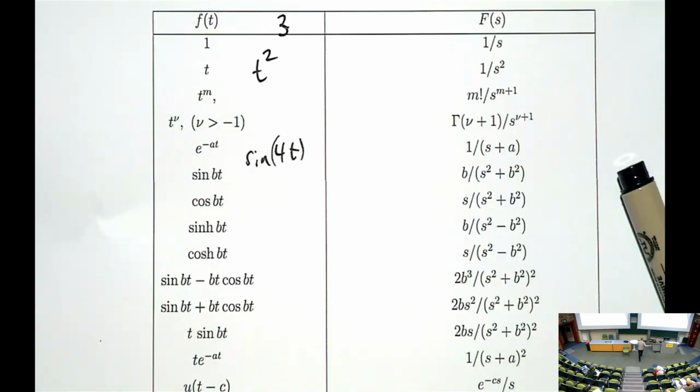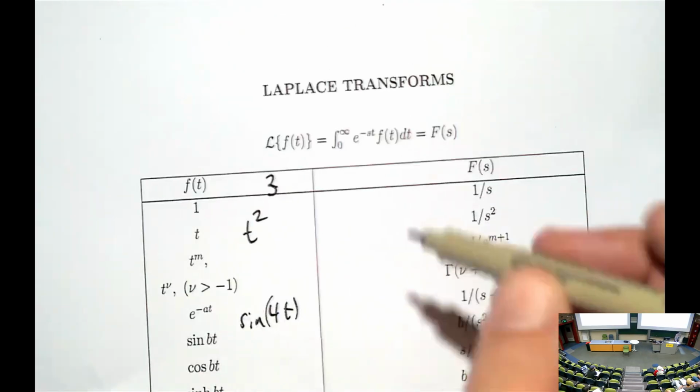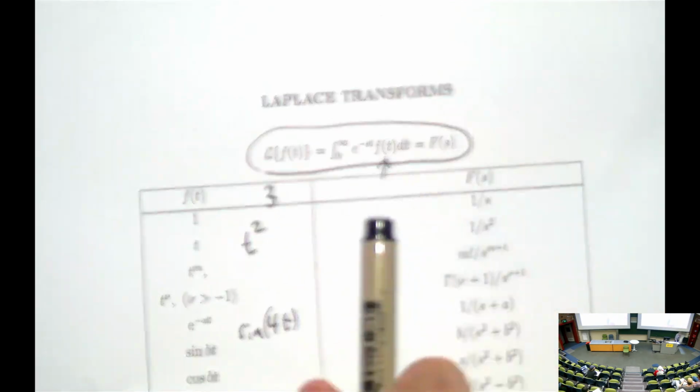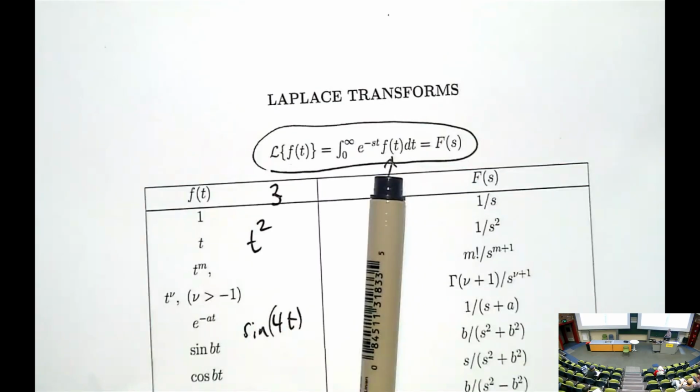Now, how would you verify all these things? Well, you can go to your transform definition, put your function in there, and then integrate. But it's not much fun, and sometimes you need to integrate by parts. Not just once, not twice, but thrice.